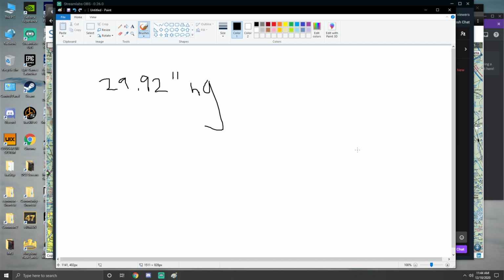That's for U.S. flying. I know obviously they use millibars in other places, but for the FAA written test and oral exams, it's going to be in inches of mercury for us. Standard pressure, 29.92 inches of mercury, at sea level. So all of this is at sea level. Then we've got standard temperature.